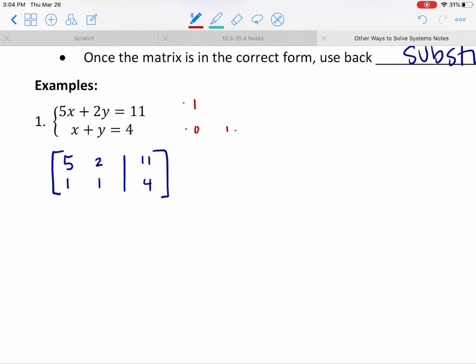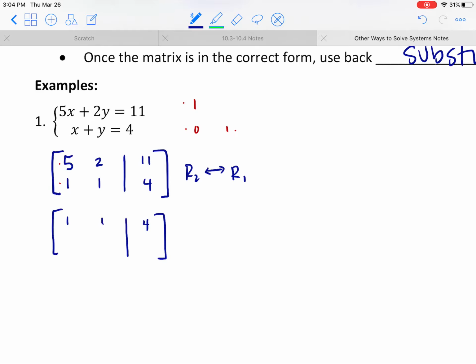Well, the first rule says, well, I can just swap these rows around. So all I'm going to do for my first step here is just rearrange these, because I got a 1 here and I need it to be here. So I'm just going to swap row 1 and 2. So row 2 and row 1, I'm just going to swap. And I'm going to try to show my row operations on the side here just so I don't get lost with my work.